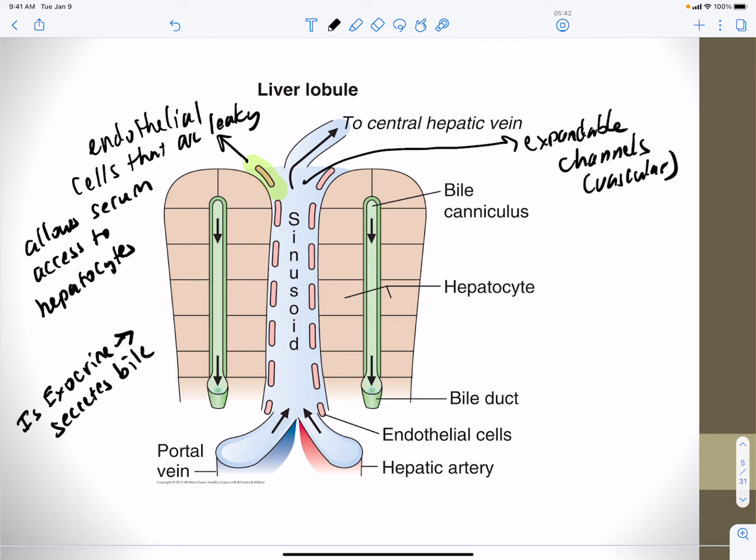Hepatocytes are going to secrete the bile into the bile canaliculus, and then the bile canaliculus, of course, will go to the bile duct. You also have the common duct, and the common duct releases the bile into the actual intestine, into the duodenum.